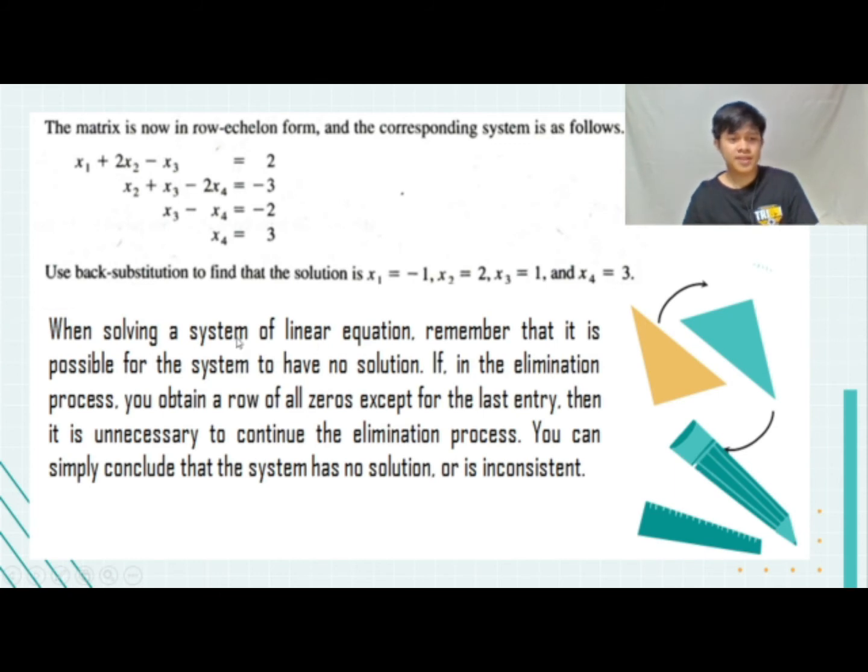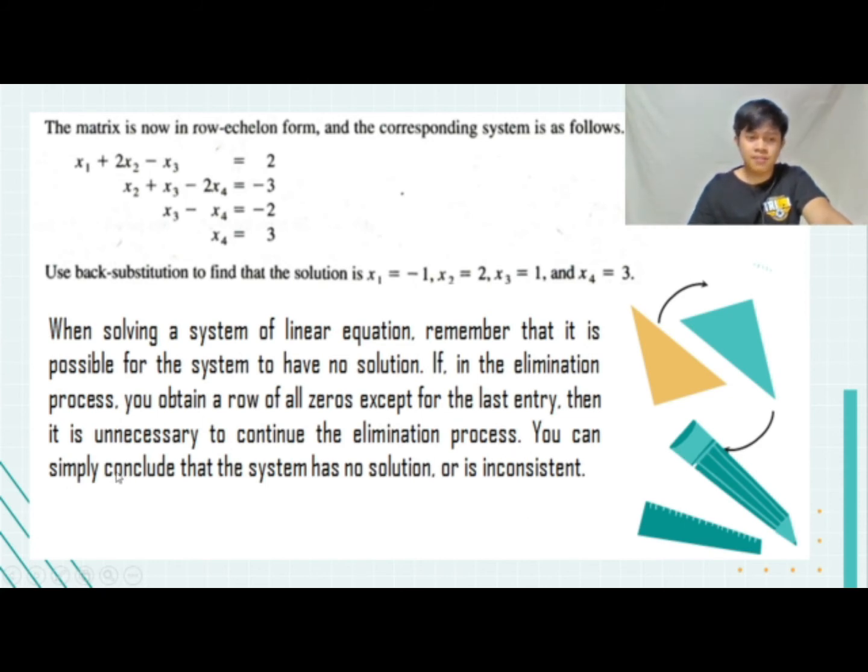So, when solving a system of linear equations, remember that it is possible for the system to have no solution. If in the elimination process, you obtain a row of all zeros except for the last entry, then it is unnecessary to continue the elimination process.